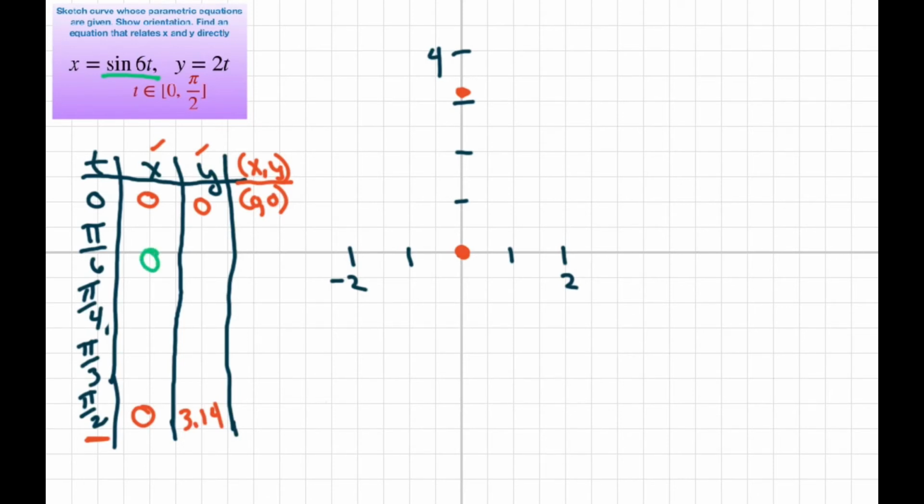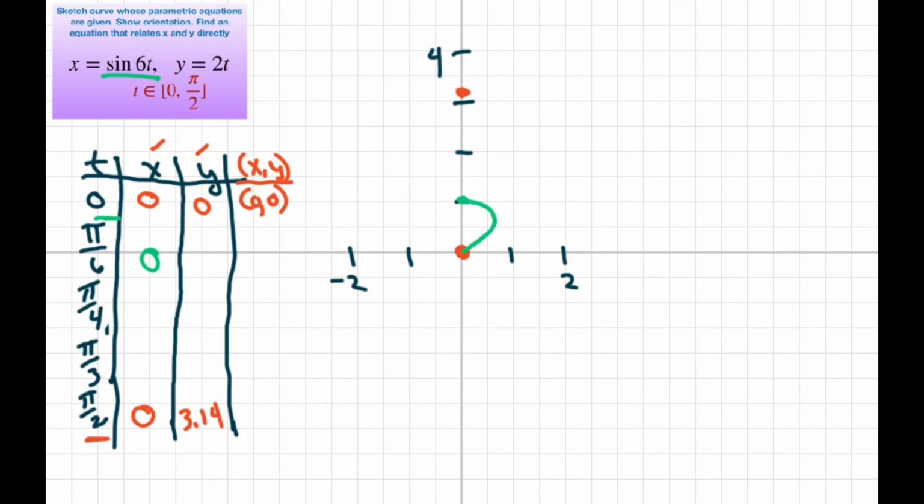And then our y is going to be pi divided by 3, which is close to 1. So we're going to be back here at 1. So I think we need to do more values. This one would be better if you use the calculator, but it's going to go something like this.